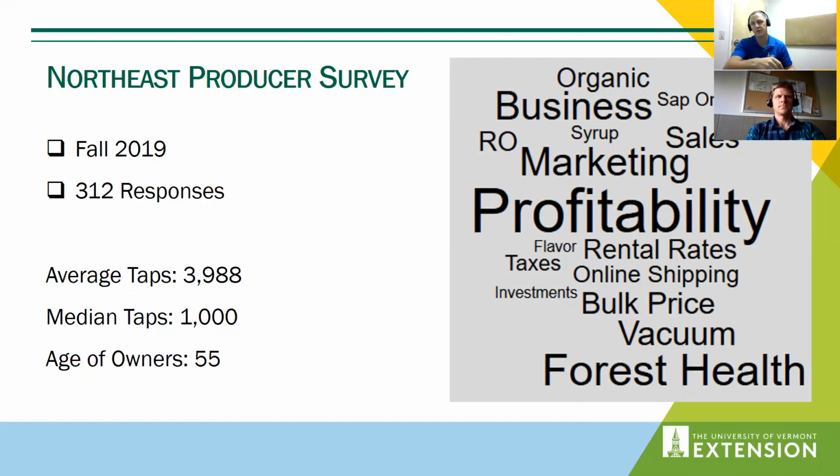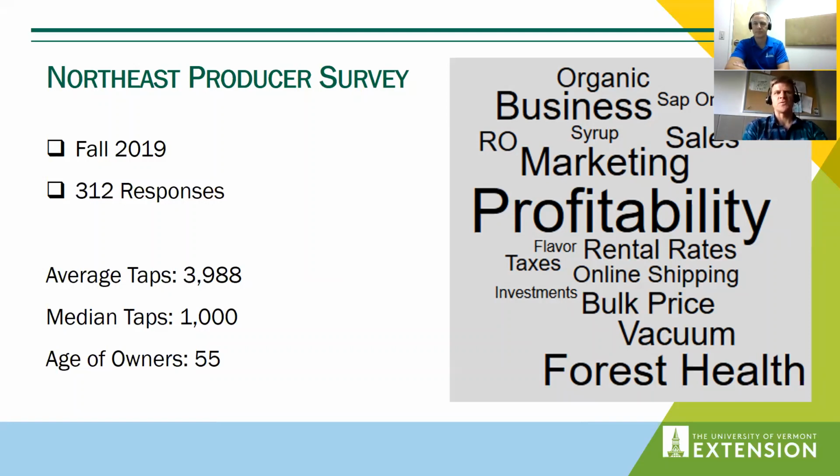Definitely a lot of smaller operations under 1,000 taps, and then a smaller number of respondents that had 5,000 taps or more. From the whole 312, we maybe be looking at 25 to 40 respondents that were over the 5,000 tap margin. Those small number of very large tapper operations can pull that average up higher, and that's reflective of the industry itself.